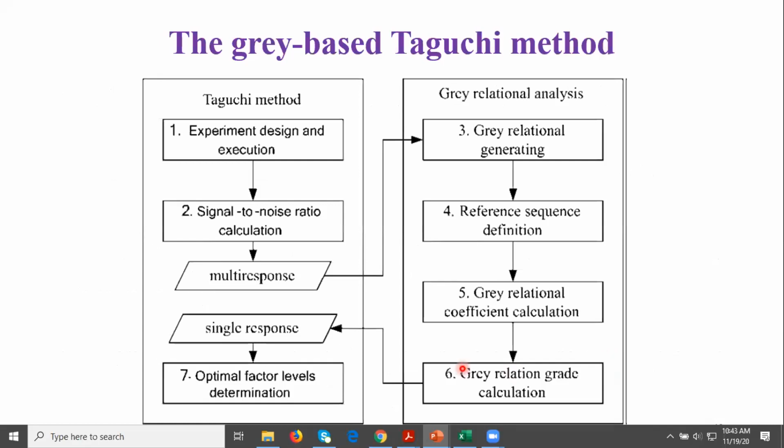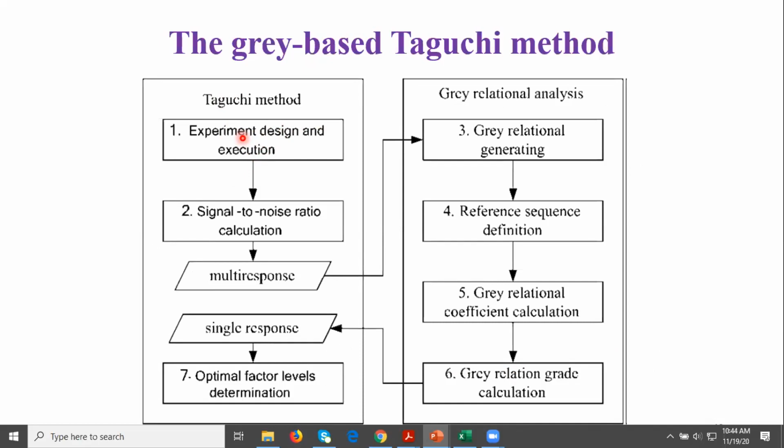This is the flow chart of how to do the optimization technique by using the Taguchi method. In the Taguchi method, we first do the experimental design. I think you are studying or have learned it. From different parameters with different levels, you can get the experimental setup.